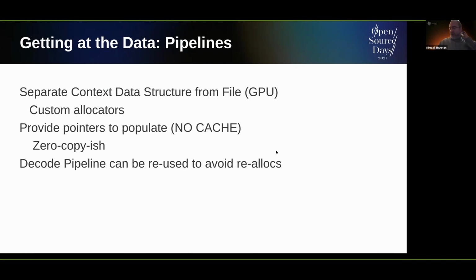So continuing on, attributes and files are interesting, but what we really care about is getting at the data. And so how do we do that? A new thing that is exposed in the C layer is what I'm calling a pipeline here. It's really just a generic abstraction around the process of accessing the data from the file.